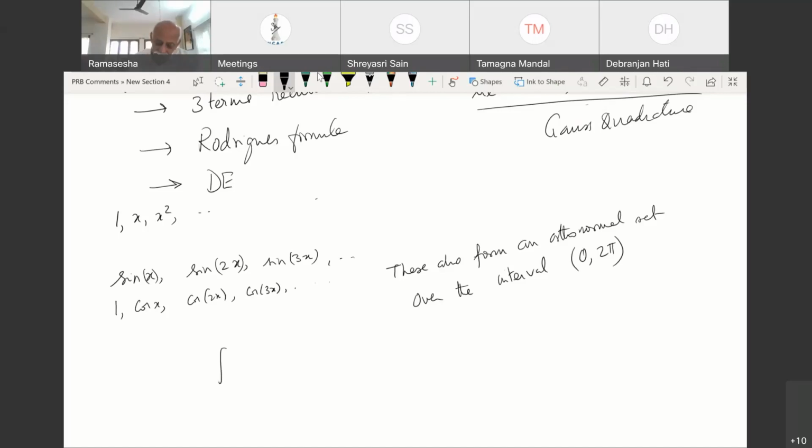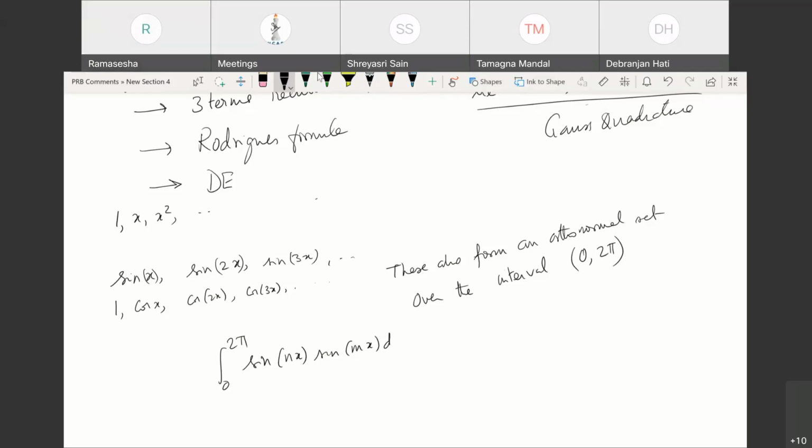Because supposing you want to integrate from 0 to 2 pi sine nx sine mx dx, this is equal to some constant times delta nm.